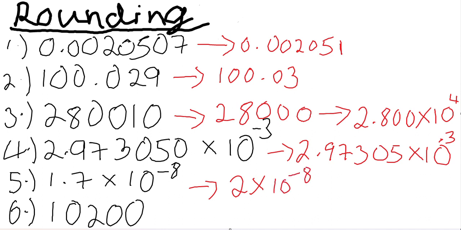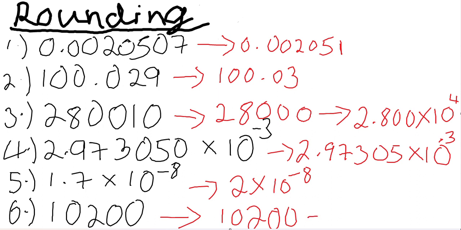And finally 10200 from 3 sig figs to 4 sig figs will look the same. But how do we say that the last 0 now is not significant? This one. However, the 0 before it is significant.